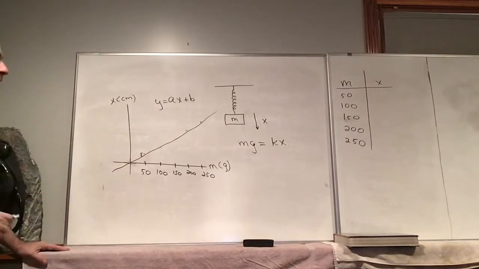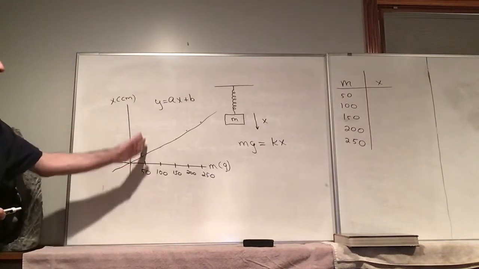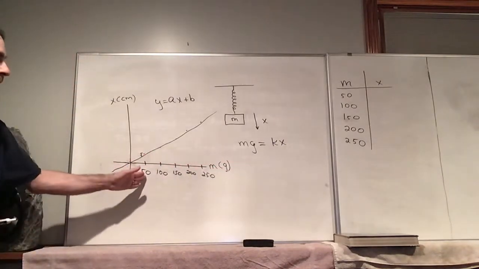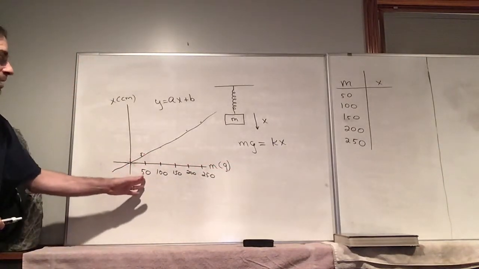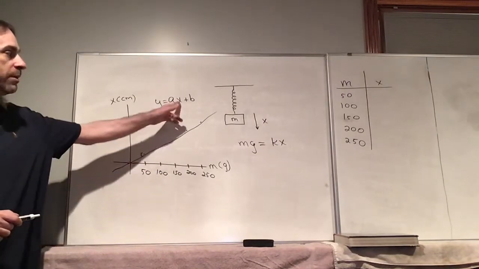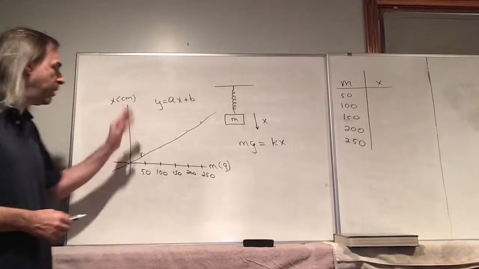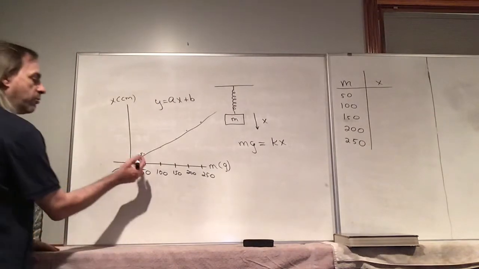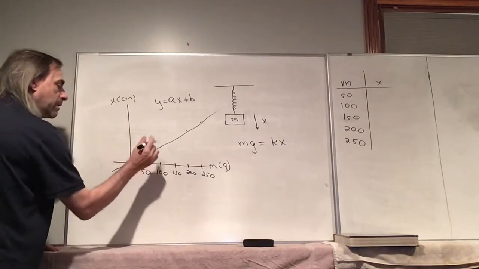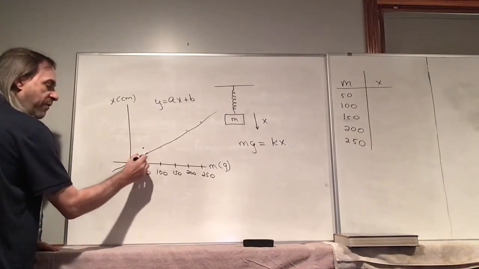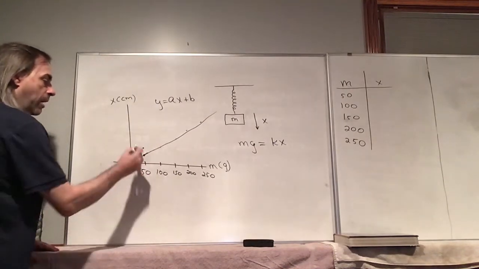So let's just say we have this line, and we're plotting the mass on the horizontal axis. So x for this first data point would be 50, and once we plug in x, we can find the y value, which would be, I'm going to exaggerate this, let's say the data point is here. So if we plug in 50, we'll get a point on the line right here.